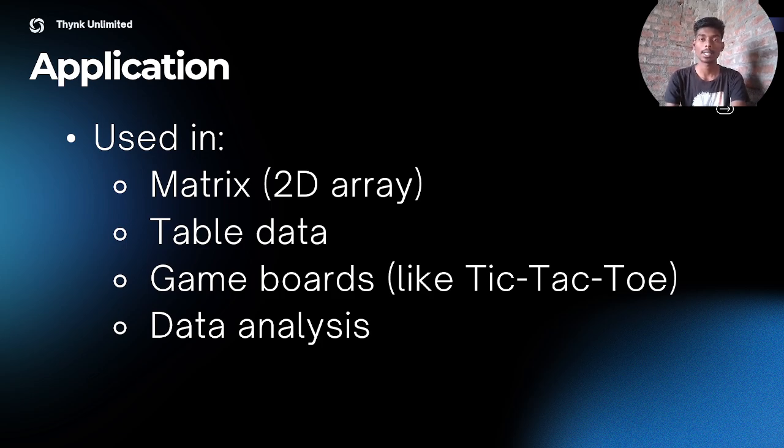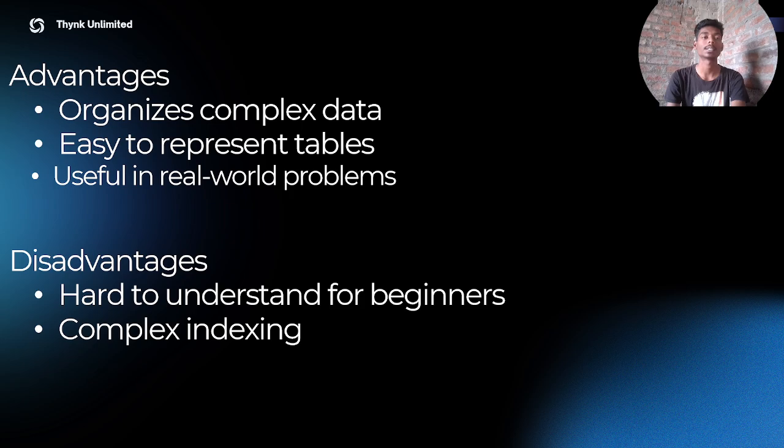Some applications of nested lists are matrices. In a matrix, nested lists are also used, and also in 2D arrays and table data, and in a game called tic tac toe. A fourth application is that it is also used in data analysis. So nested lists are very important in data analysis.